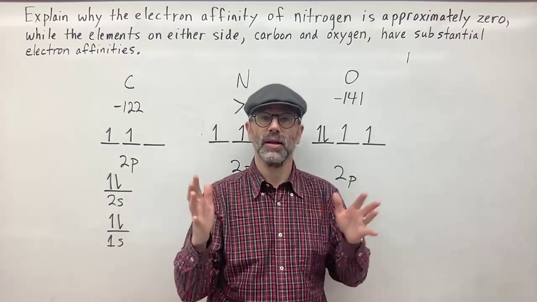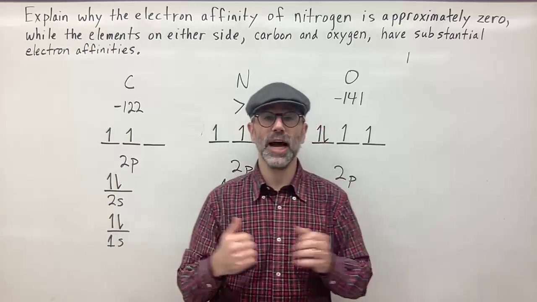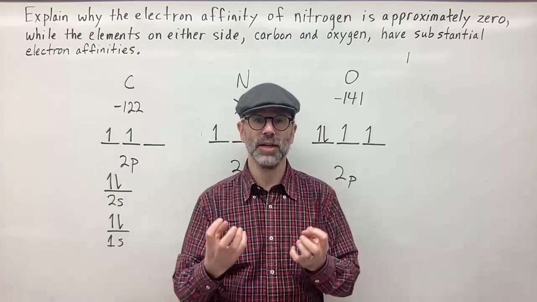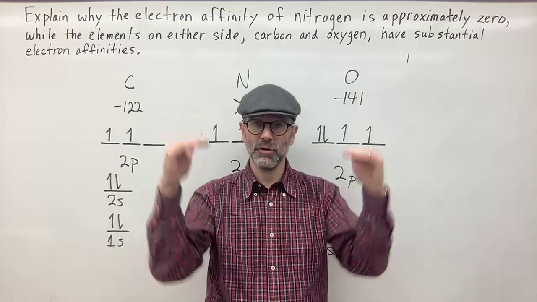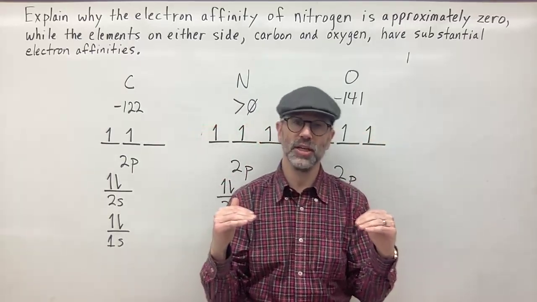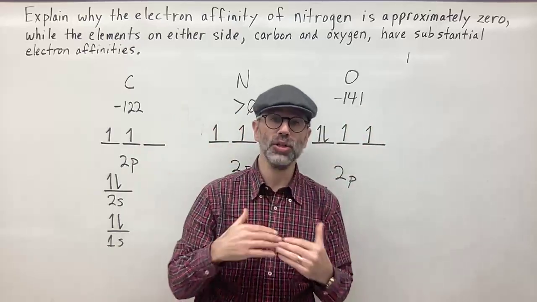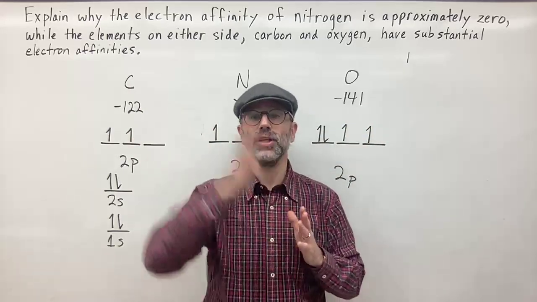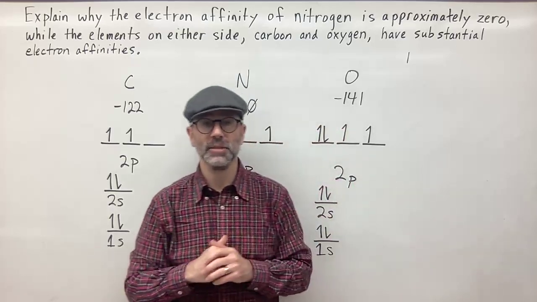So this is why, in large part, your electron affinities are going to be negative, because that shows those atoms have a relatively high affinity for accepting electrons, because that's going to lead to stability. And the stability, remember, is related to a lowering of the potential energy. If you're lowering potential energy, that means the atom as a whole is losing that energy, and losing energy is a negative value. But that's not always the case.